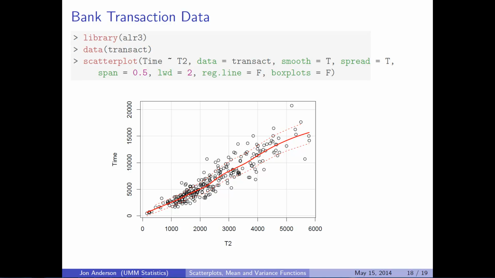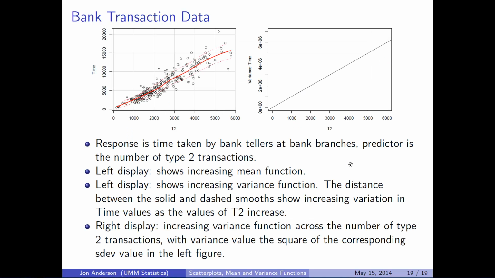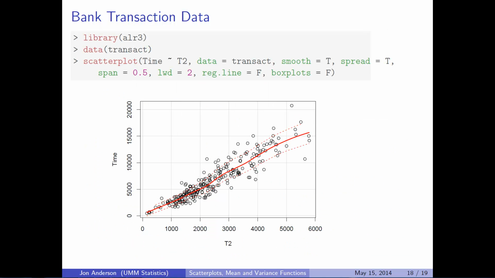The mean function looks like it is clearly increasing, and it looks like it is increasing in a linear fashion. More type 2 transactions tend to consume more teller time at about the same amount of teller time increase per unit increase in type 2 transactions. The important thing, though, is that you can see from the variation that as the number of type 2 transactions increases, the amount of variation in teller time is also increasing.